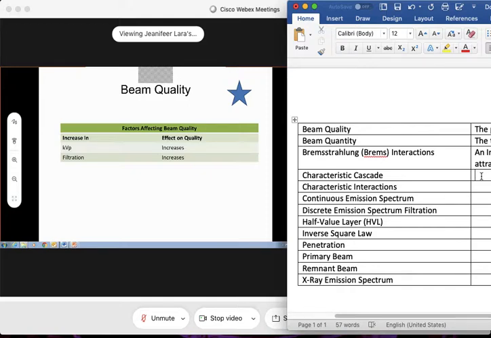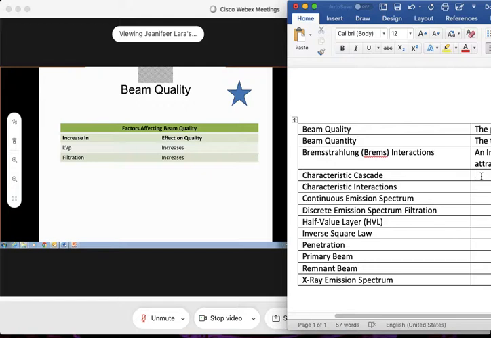So we need a variety of photons to reach the image receptor, and that is how we manipulate the beam quality. If it's a low quality beam... This is when you up the KVP? We will. That is the primary factor that takes care of beam quality. However, we need to understand what the difference is between beam quantity and beam quality.